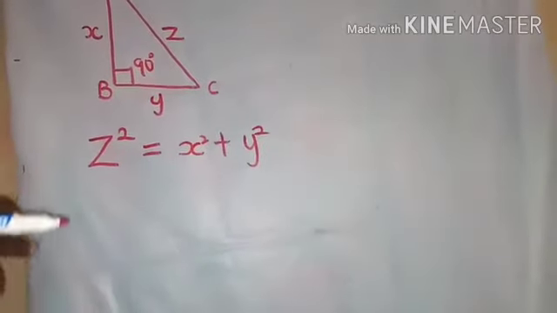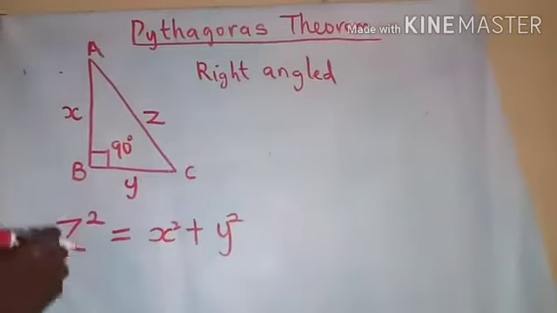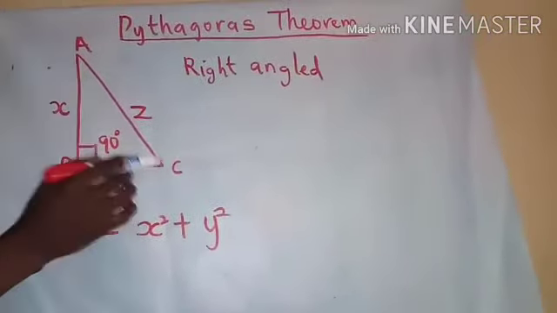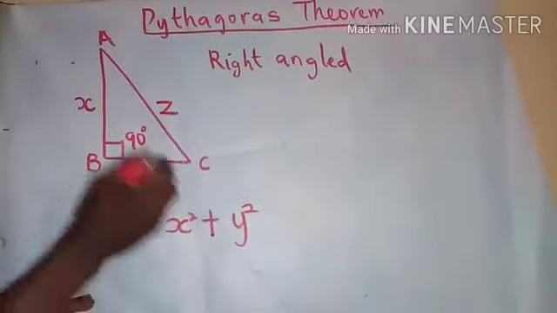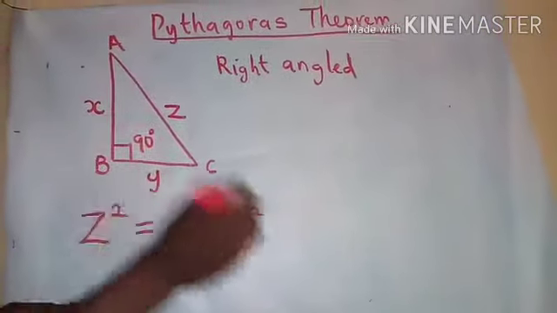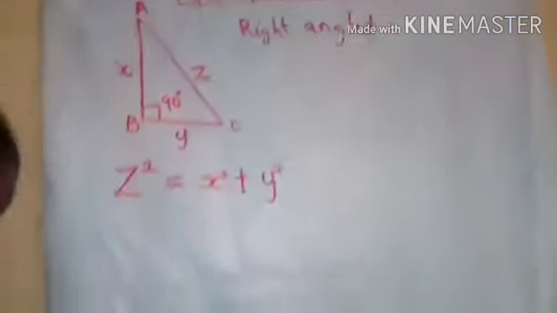I repeat, Pythagoras theorem states that the square of the longest side equals the sum of the squares of the two other sides. Let's have an example.